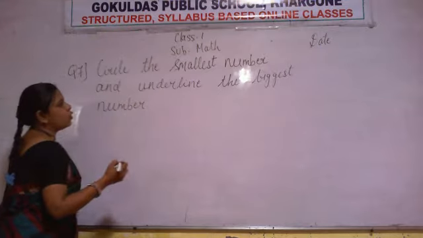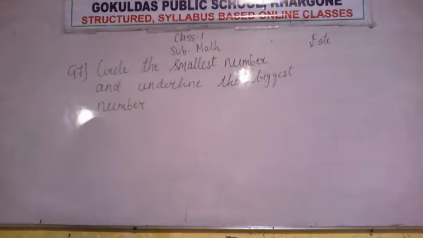So first copy the question fast. What is the question? Circle the smallest number and underline the biggest number. Write fast.